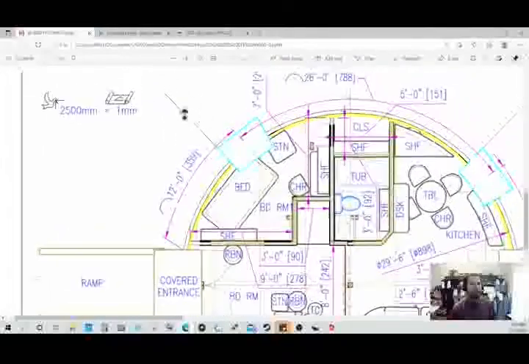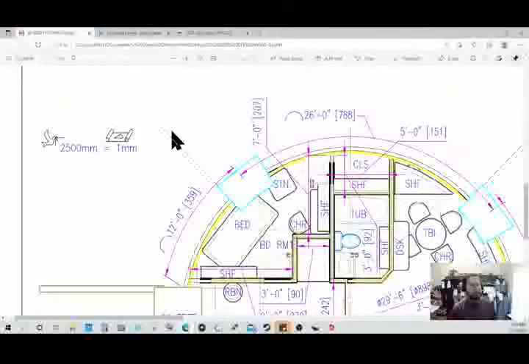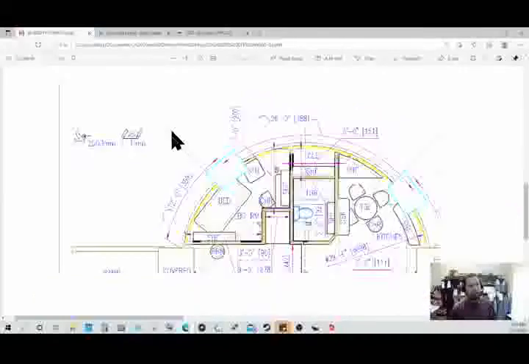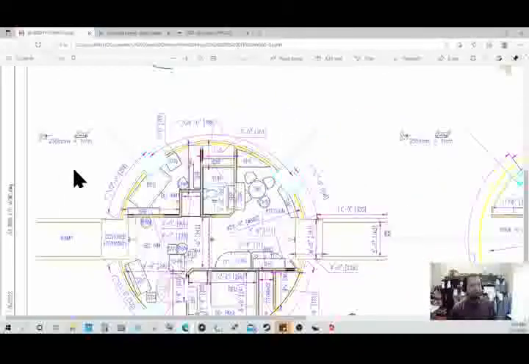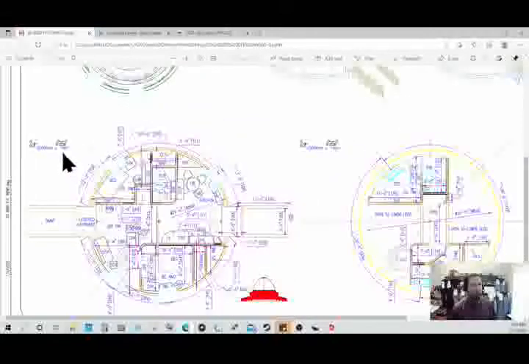Or if you want to look at it another way, every 2500 millimeters that you see in real life is going to be transcribed onto the ISO A1 sized paper as 1 millimeter.